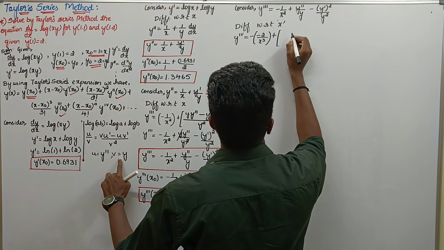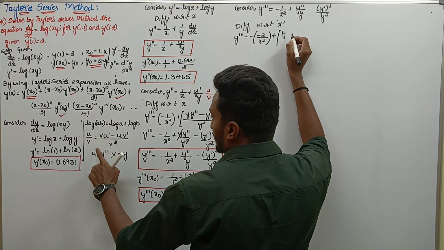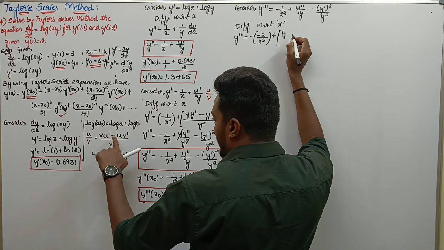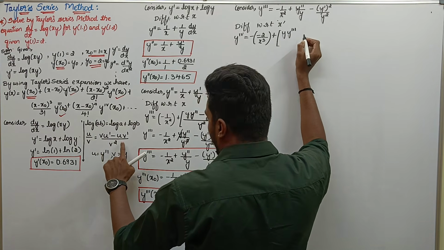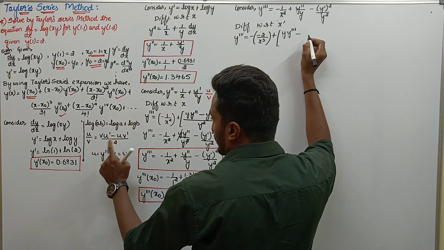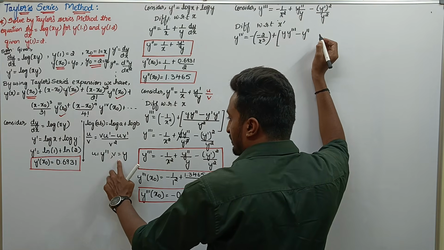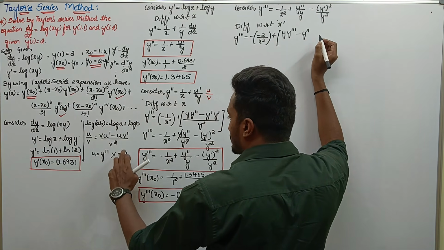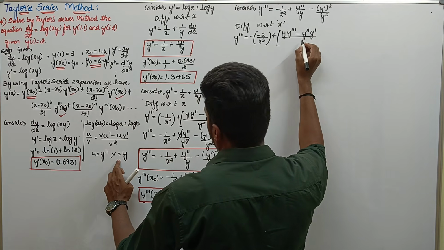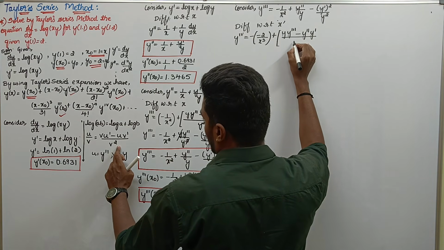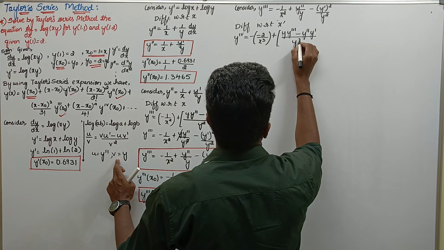What is v? V is y. What is u? U is y double dash. U dash becomes y triple dash. Minus, what is u? U is y double dash. Now, what is v? V is y, but I need v dash, so it becomes y dash. Whole divided by v square, that is y square.